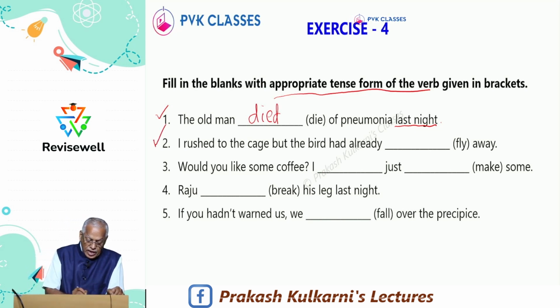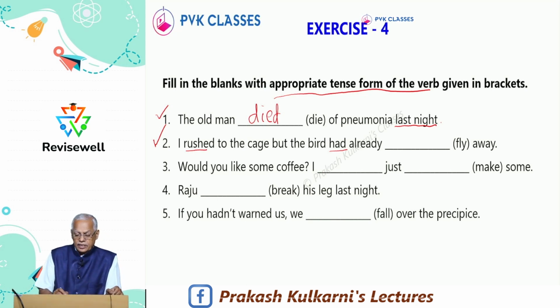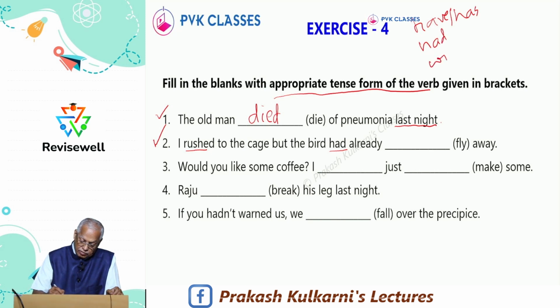Second one, I rushed to the cage, but the bird had already dashed, fly away. I rushed is a past tense. Had is there. When had is there, have table. Please note that have, has, had, will have are always followed by V3 verb.